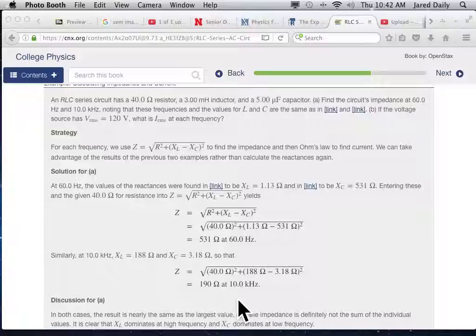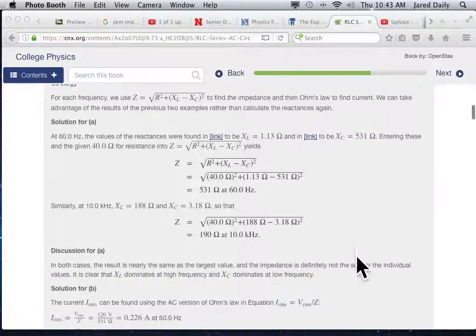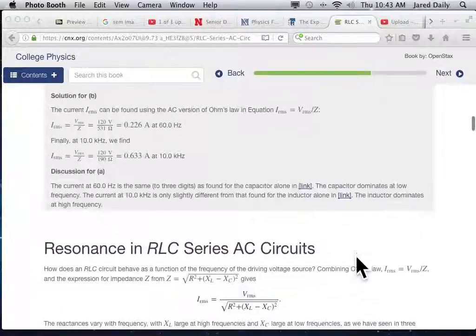You can see that at the low frequency, the capacitive reactance is much larger, and at the higher frequency, the inductive reactance is much bigger. So those are the things that take precedence. They make the biggest difference at those different frequencies.